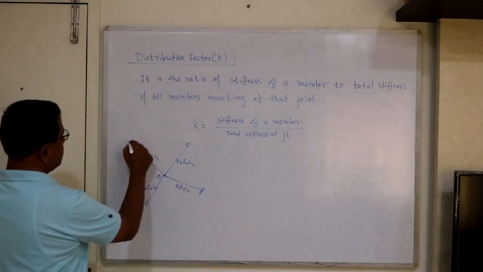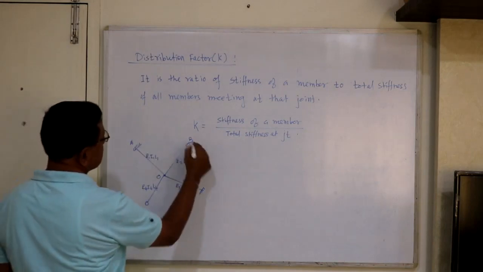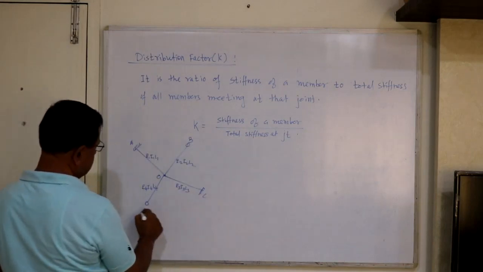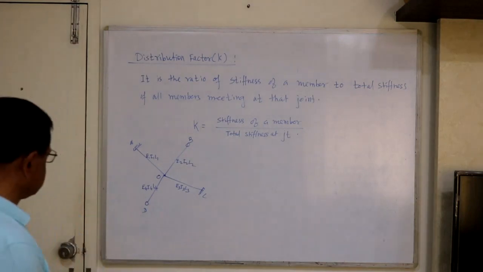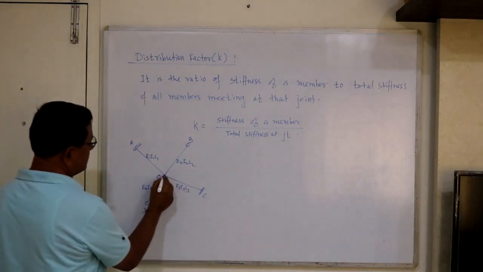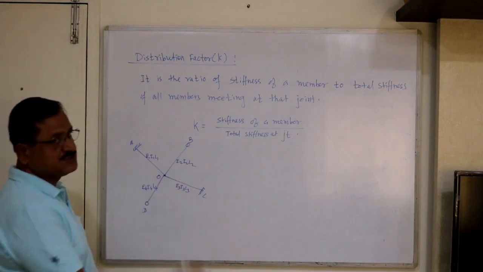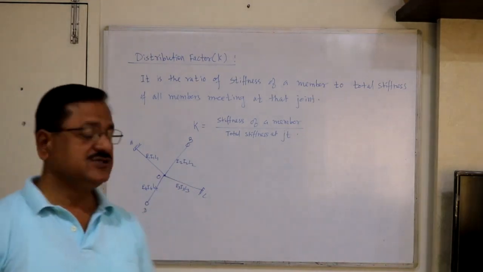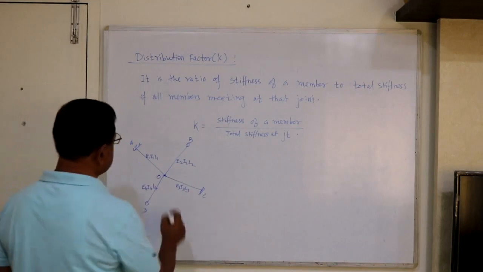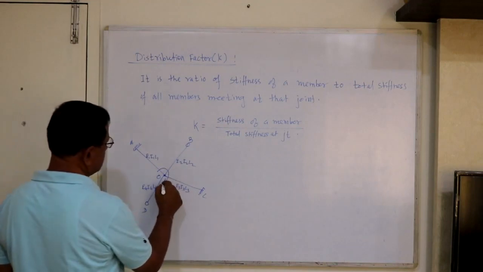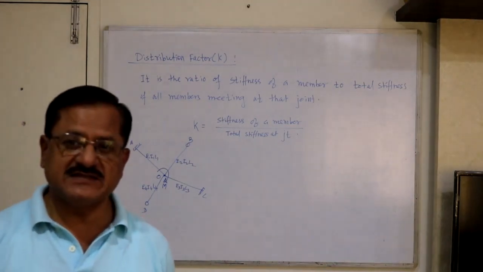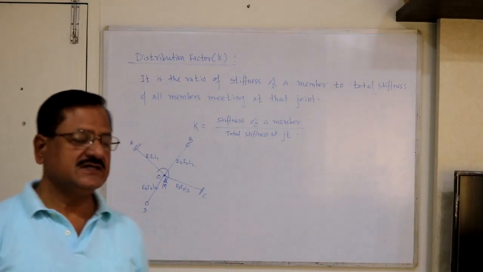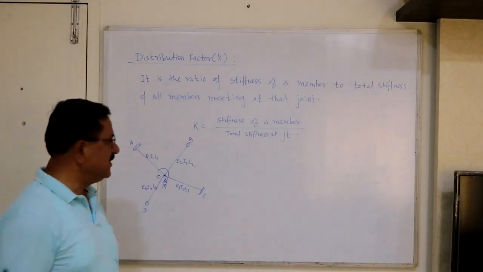So this is A, B, C, D. If we take this example to find the distribution factors at the joint, because these distribution factors are used to distribute the moment at the rigid joint. Say if M is the moment, this moment is distributed among the connecting members by using these distribution factors, which are calculated based on the stiffness of the corresponding members.